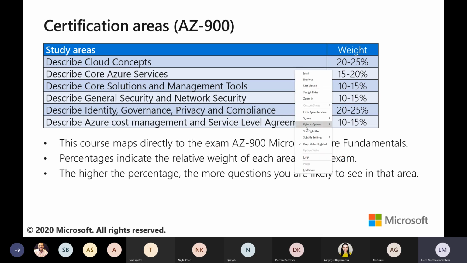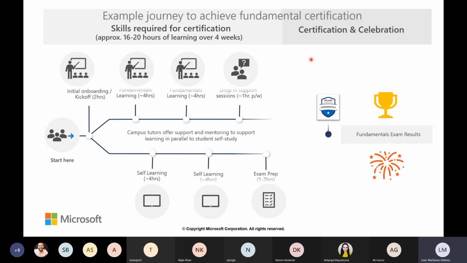Now, what we would normally do, and this is a previous set of slides, is we would effectively encourage you from exam onboarding to use the sessions that you will have done with Nour in terms of the cloud content relating to Azure, but also self-learning relating to the exam and the preparation that we're going to go through.